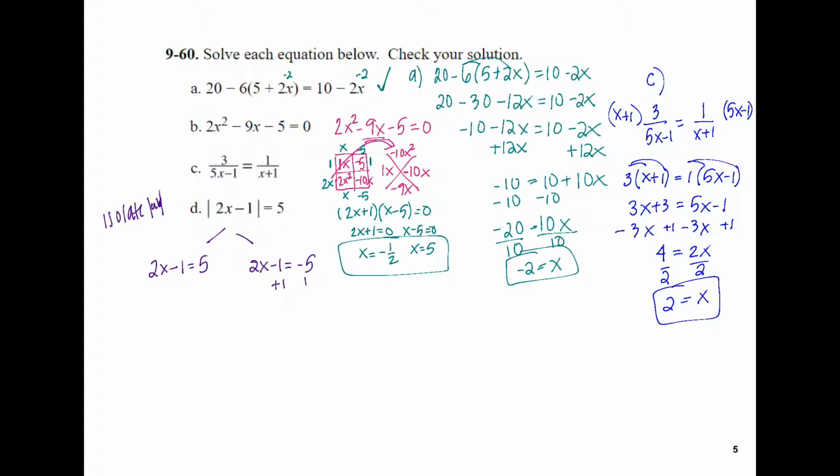Use your inverse operations. 2x equals 6. 2x equals negative 4. X equals 3. X equals negative 2. And when you plug both of those in, you get true statements as well.